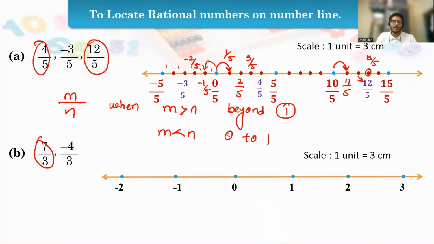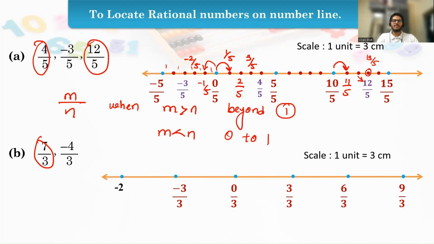Let's first divide them. अच्छा, तो हमें अपने सभी integers नंबर को divide by 3 के form में लिखना है. So 0 will become 0 by 3, 1 will become 3 by 3, right, 2 will become 6 by 3, and 3 will become 9 by 3. Now I think this is very clear. अभी मुझे लगता है सबको समझ में आ गया, right? I think you must have got the idea, right?